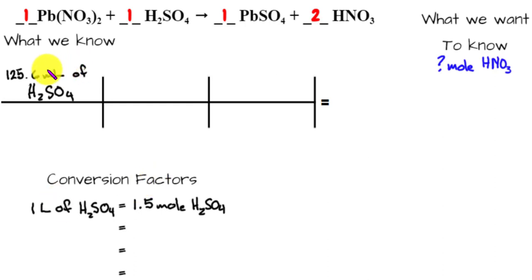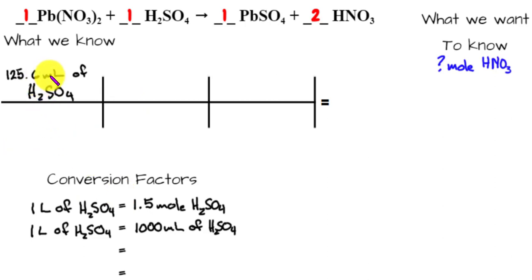I currently have milliliters here and liters here, so I know that 1 liter of H2SO4 is equal to 1,000 milliliters of H2SO4. That's my first conversion factor that I'm going to use.